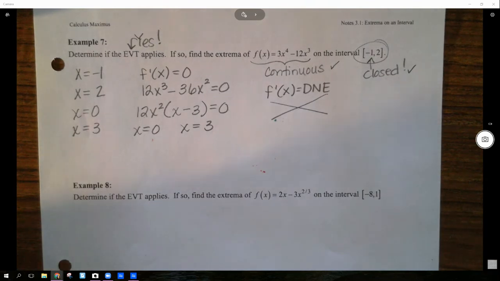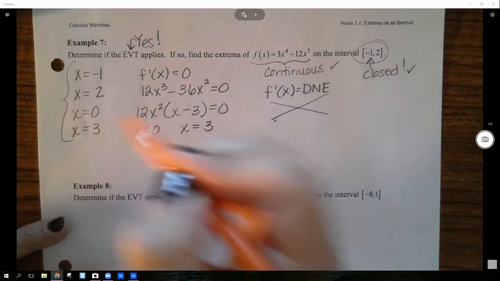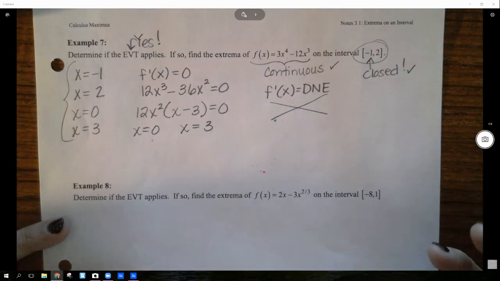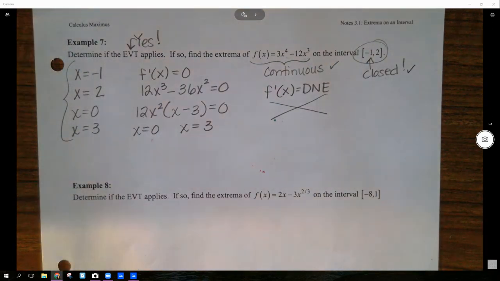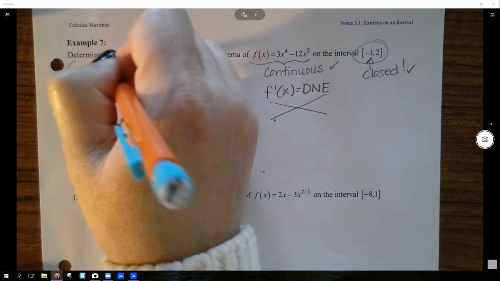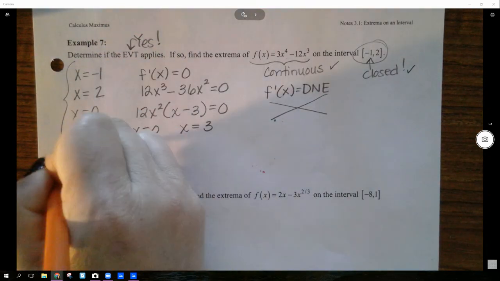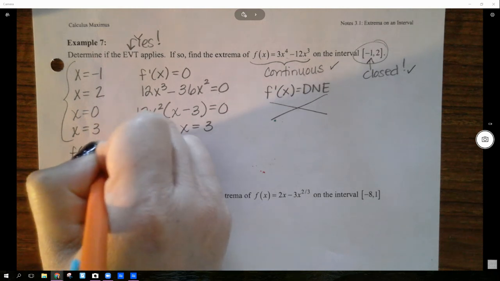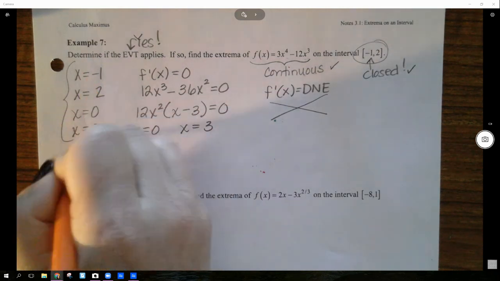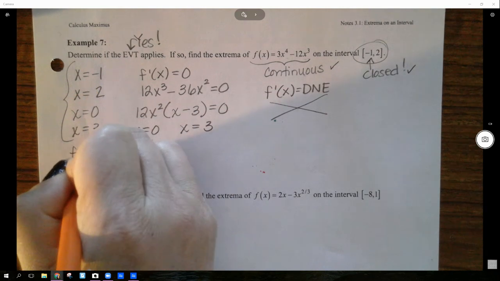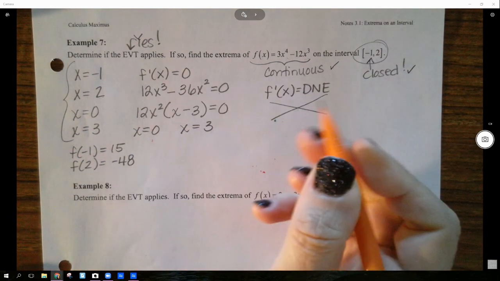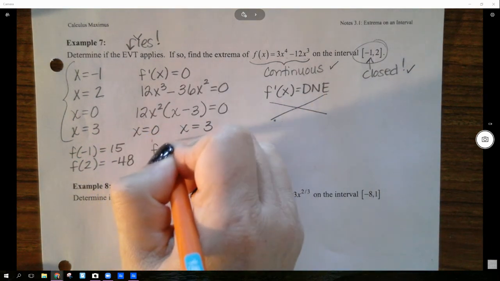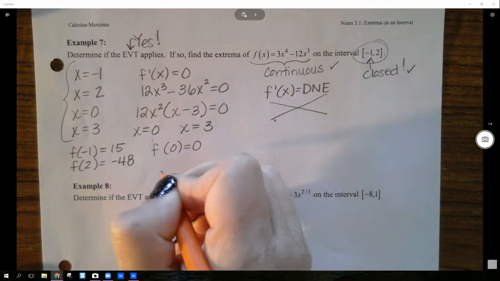Now you are going to plug each one of these into the original and get an answer. So f of -1 is going to give us 15. f of 2 is -48. f of 0 is 0.